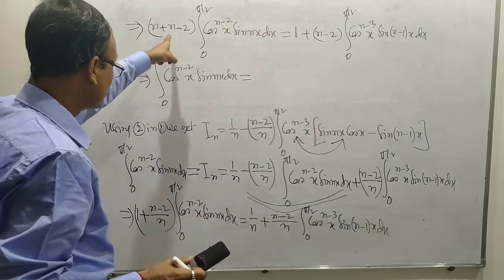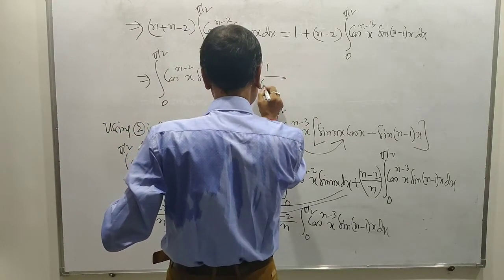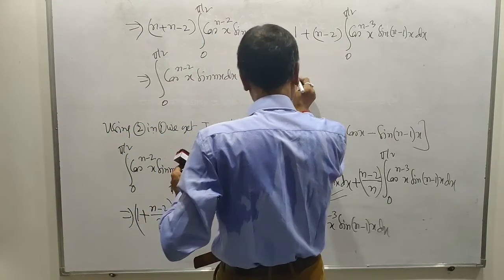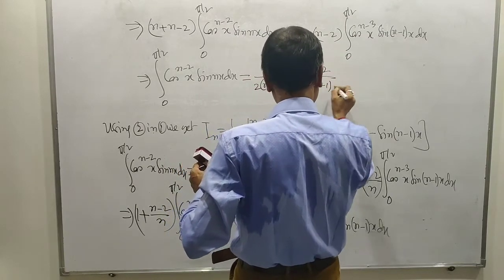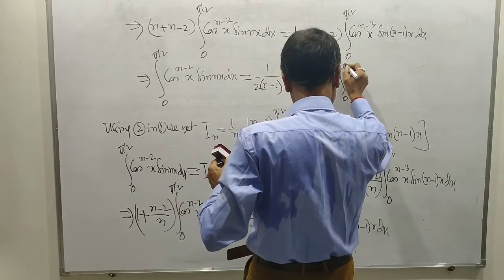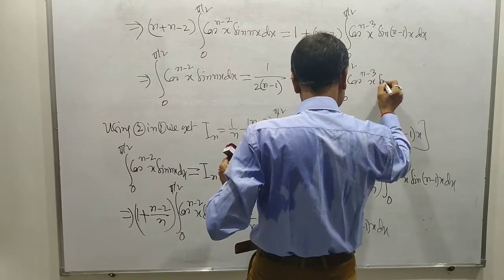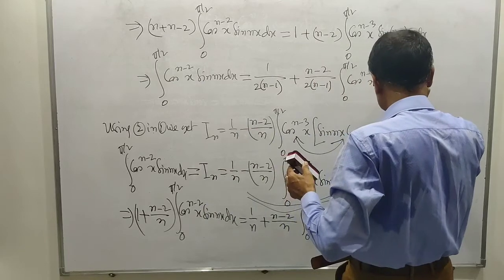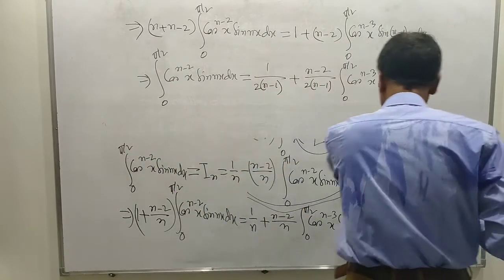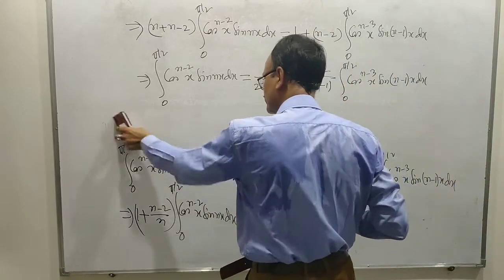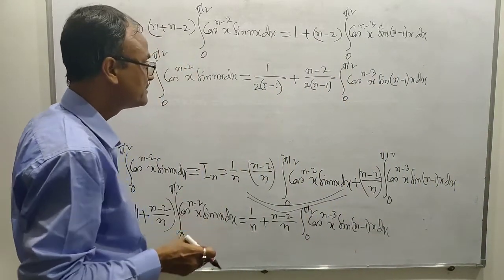Divide both sides by 2 times n minus 1. 1 by 2 times n minus 1 plus n minus 2 by 2 times n minus 1, integral 0 to pi by 2, cos to the power n minus 3x sin n minus 1 x. Right?